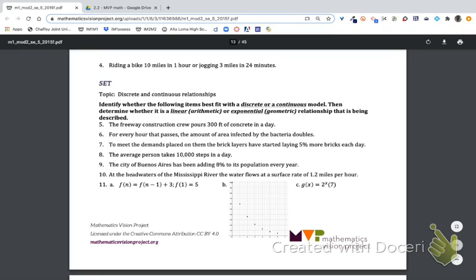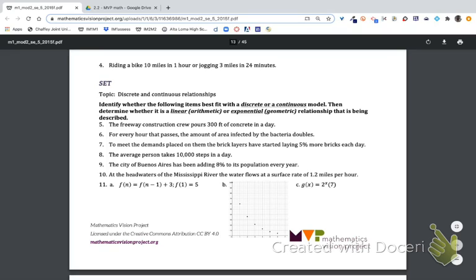For numbers 5 through 11, we're getting more practice with discrete and continuous models. So for number 5, freeway construction, and we're pouring concrete. The thing with concrete pouring over a freeway is it's a lot of concrete, and they are continuously running that machine.